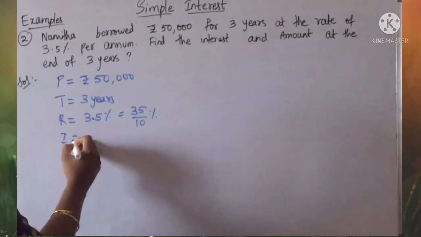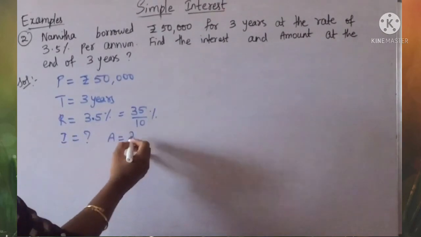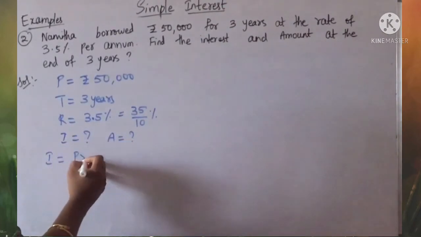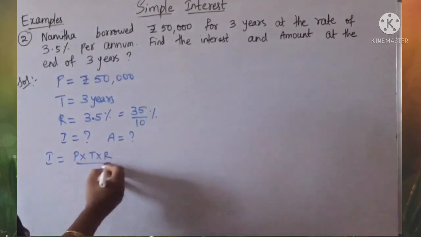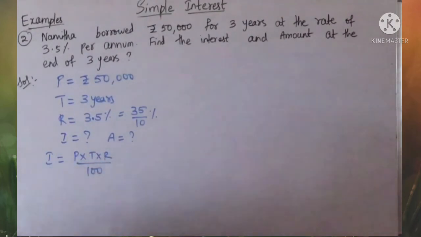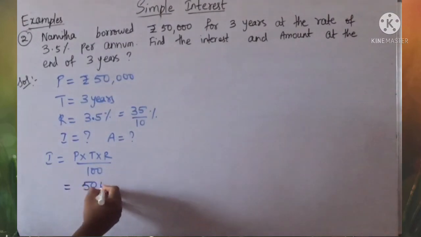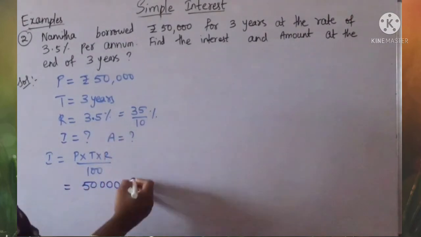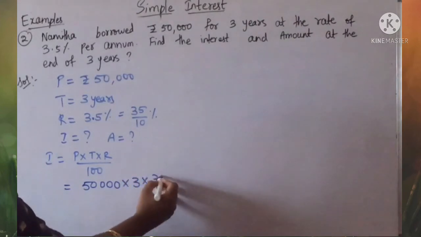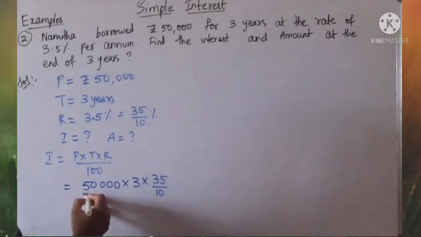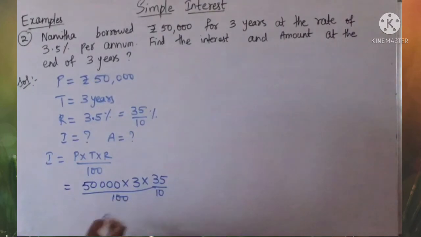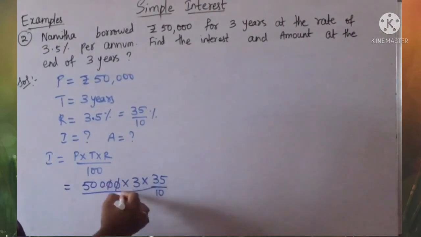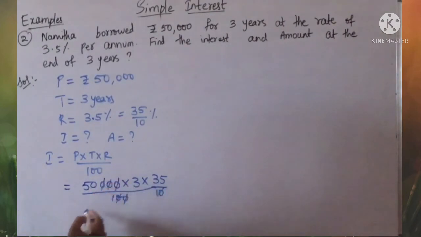Here they are asking you to find the interest and the amount. So what is interest formula? P into T into R by 100. Okay. So what is P here? P is 50,000 into what is the time period? 3. Rate of interest is 35 by 10. So by 100. Okay, this 10 will come here. So 0, 0, 0, 0 and this 0 gets cancelled.